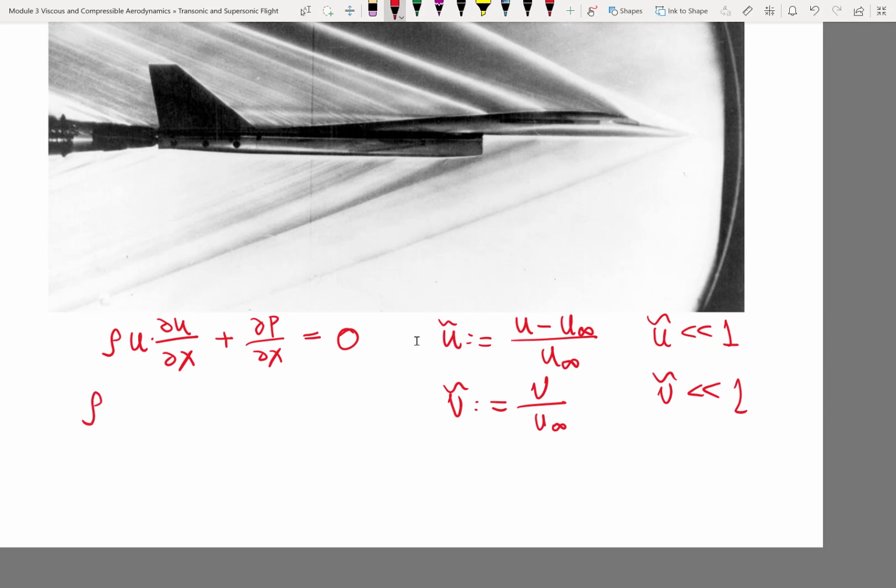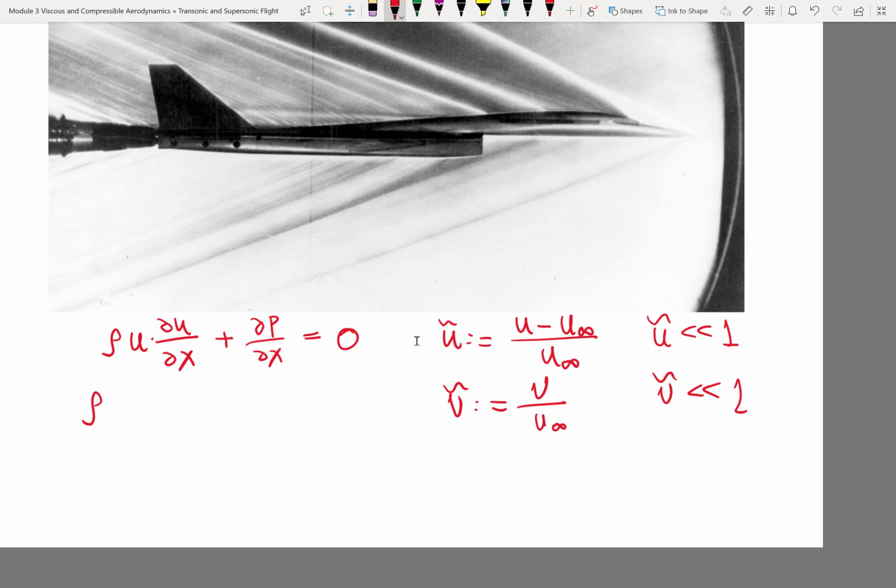And also the difference between rho infinity and rho is going to be small. So basically, what happens is that if you write rho as the sum of 2 terms, rho infinity plus rho minus rho infinity, right?